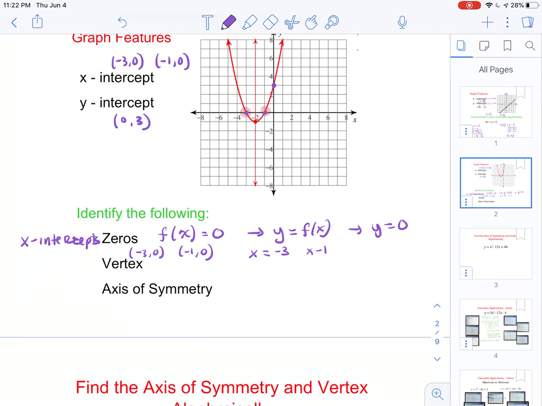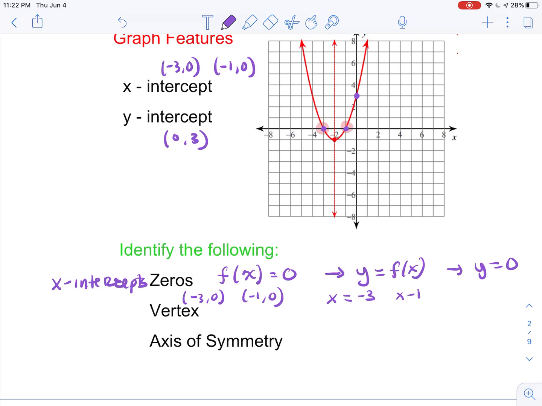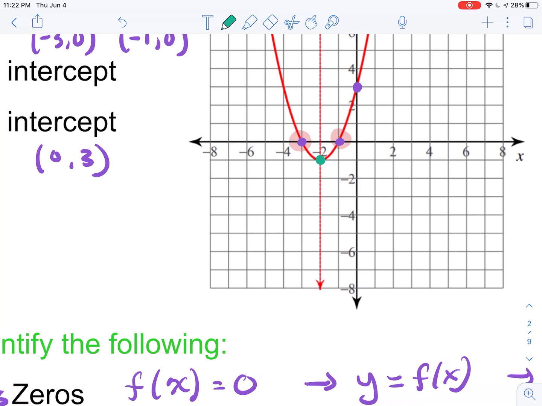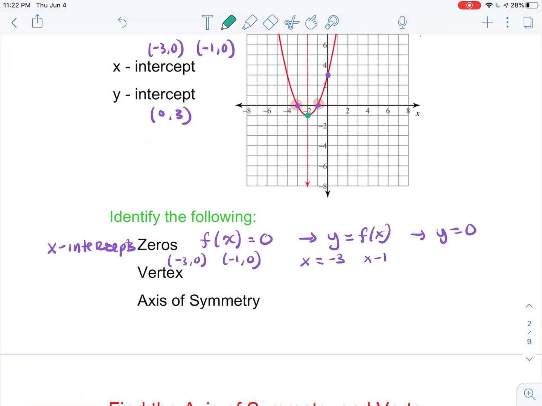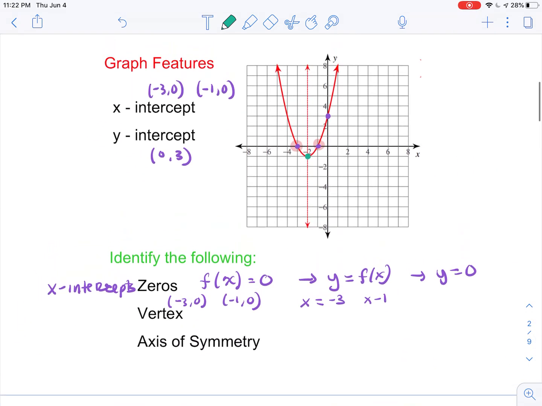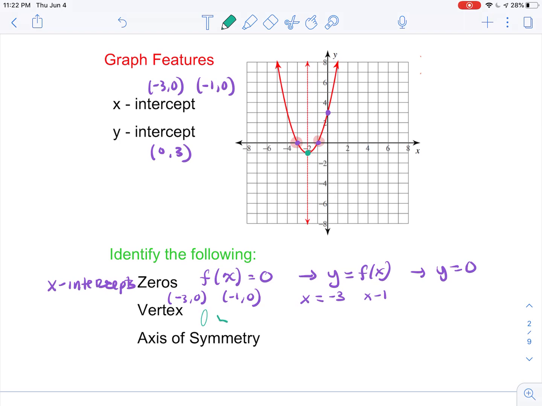Where's my vertex? Well, remember the vertex is the point on the graph that divides it completely in half so that we have a mirror image on both sides. So if we take a look at this graph, our vertex is going to be this point right here. Okay, so what is it on this graph? Well, we look at the point: -2 for my x, comma, -1 for my y.